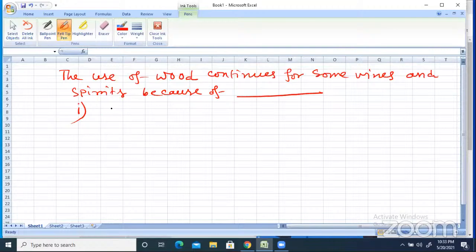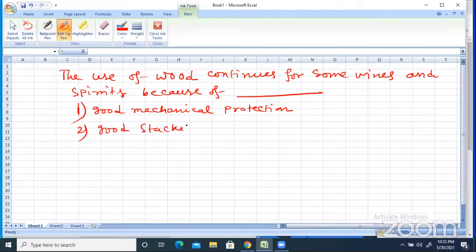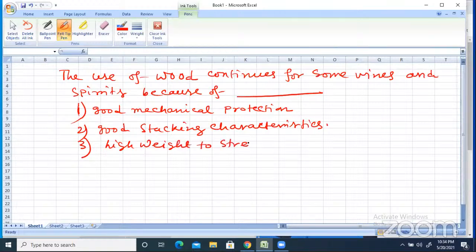Number one, good mechanical protection. Number two, good stacking characteristics. Number three, high weight to strength ratio.